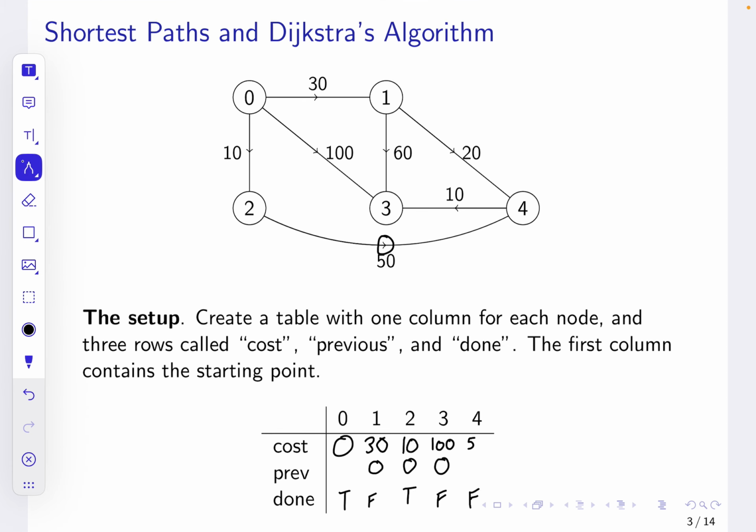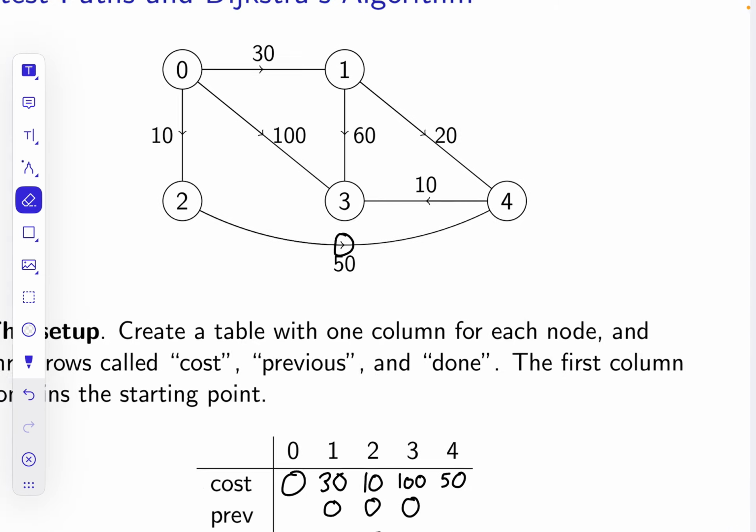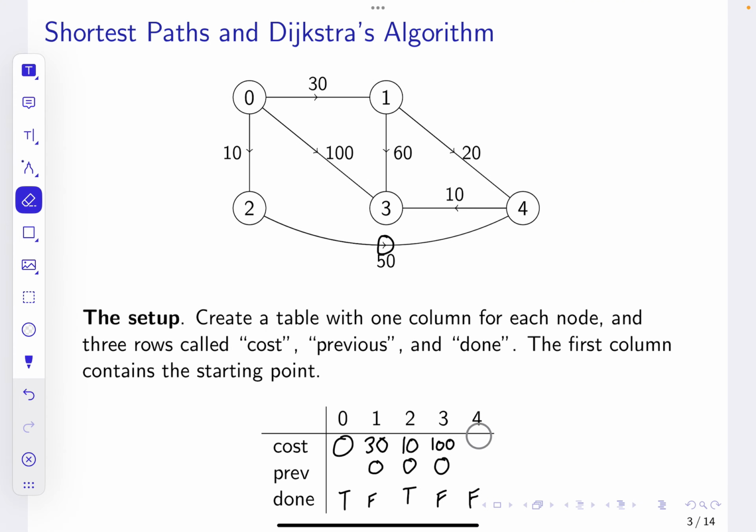You might be tempted to write 50 here. And you probably could get by on doing this if you have a slightly different algorithm for calculating the cost of the path later. But what we're going to do for this class is, actually, writing 50 here, just writing the weight of the edge to its previous one, would totally screw this up, so don't do it.